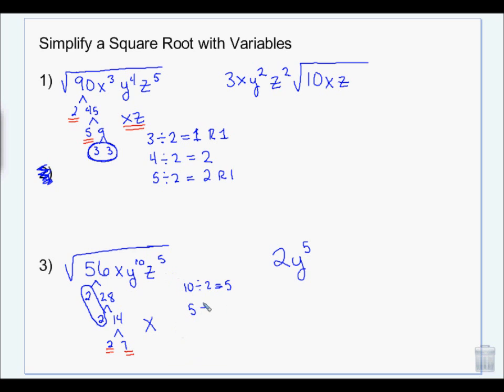And then I have 5 z's, divide that by 2, and you get 2 with a remainder of 1. So I can bring 2 z's out, and 1 gets left behind. So this is everything that's left behind, right here. So that's 2 times 7 is 14, and then x, z.